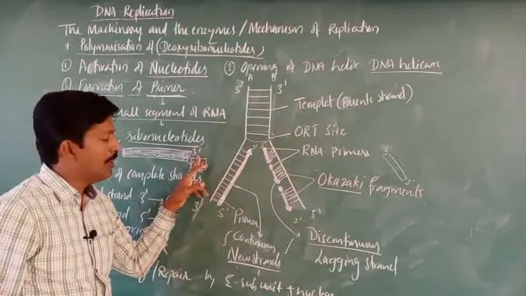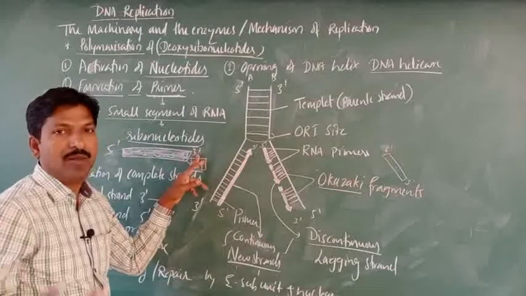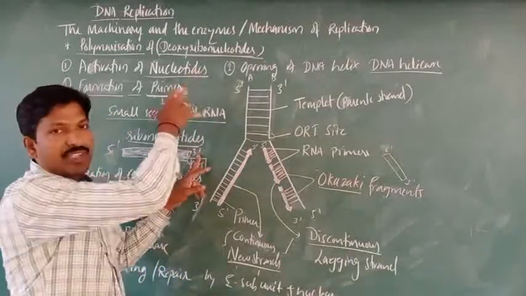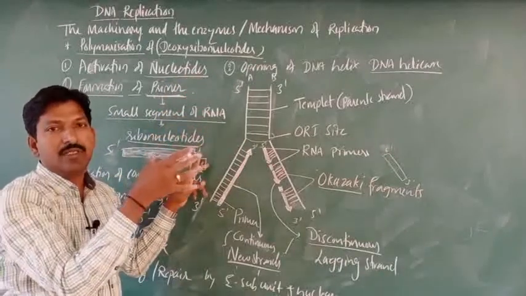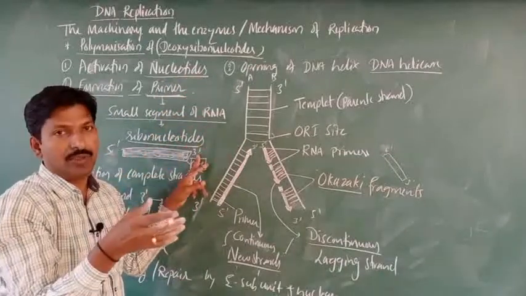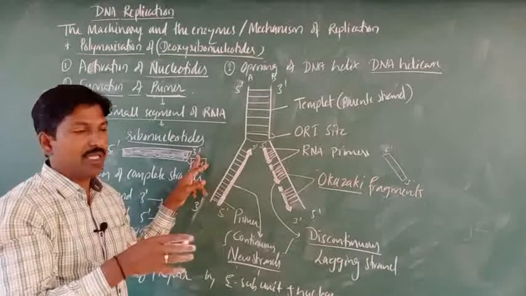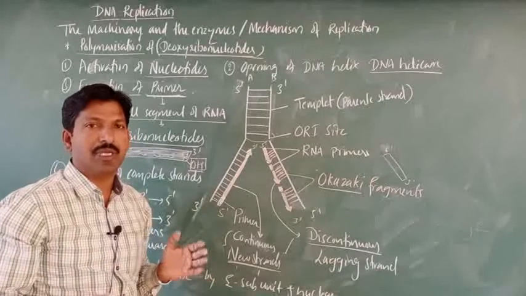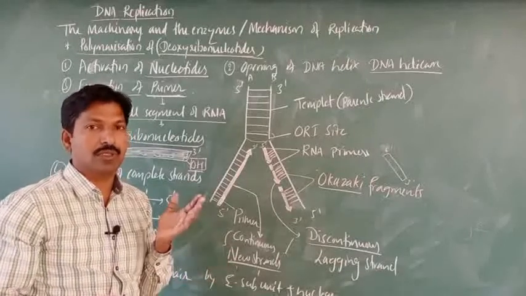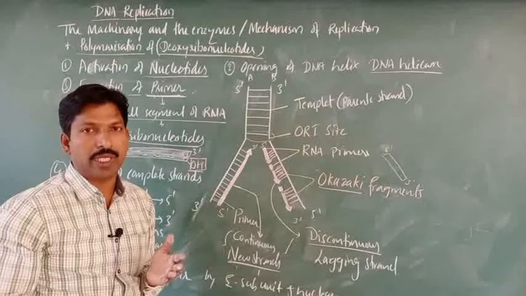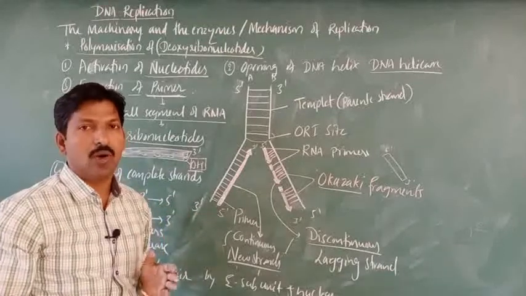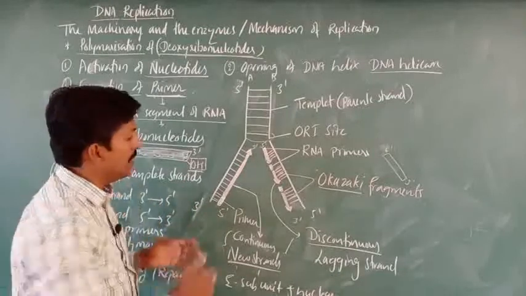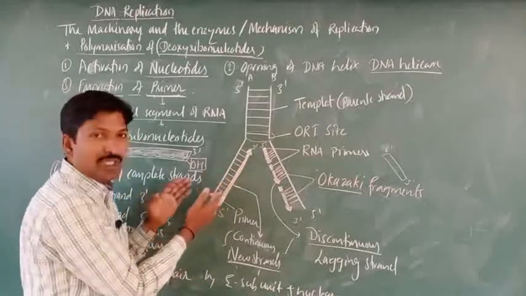Then it is joined with the other nucleotides, the deoxyribonucleotides activated in the first step as substrates. It may be adenosine nucleotides, deoxyguanosine nucleotides, or cytidine or thymidine. These nucleotides are joined complementary to the parent.